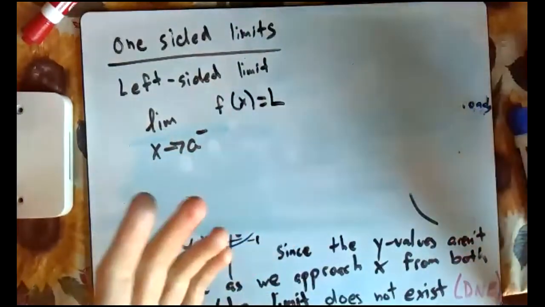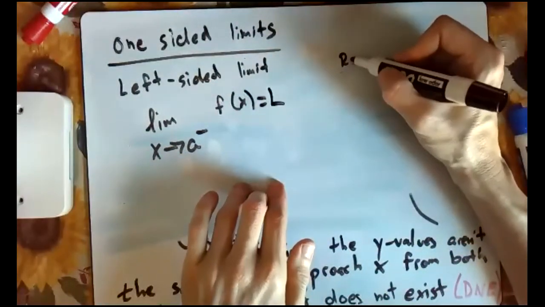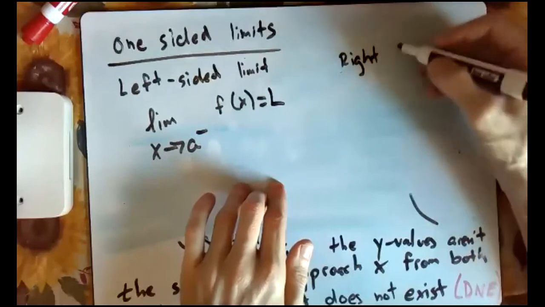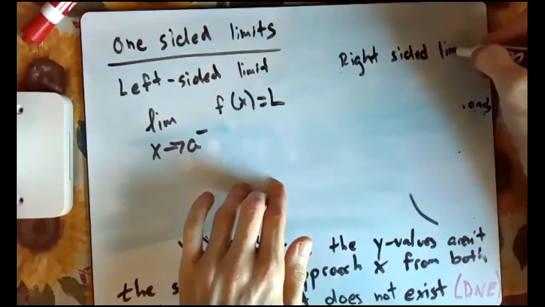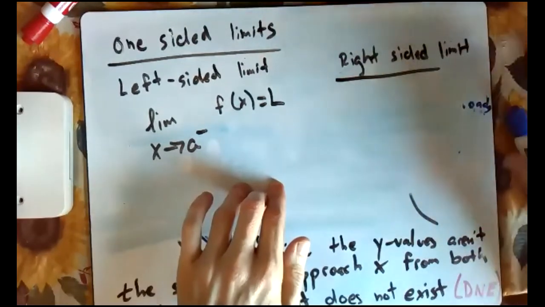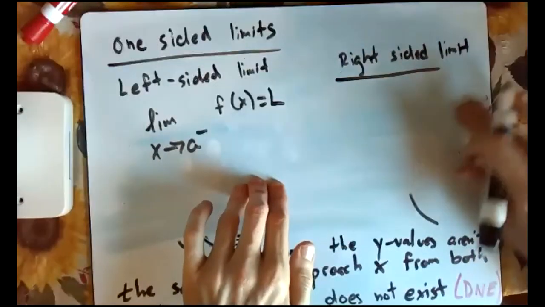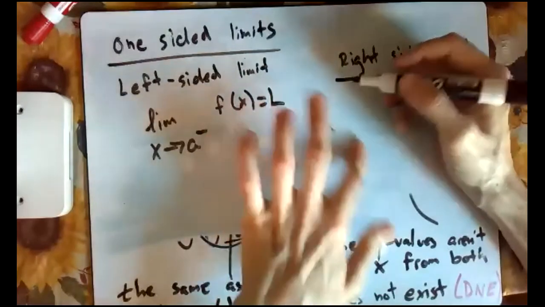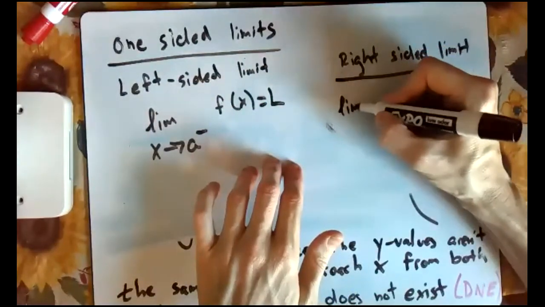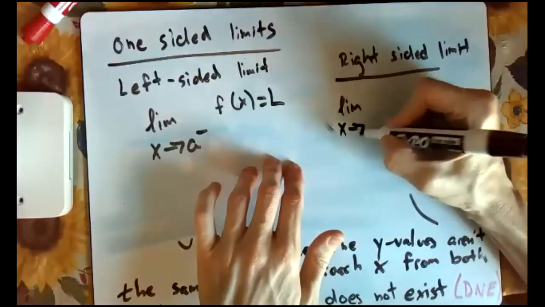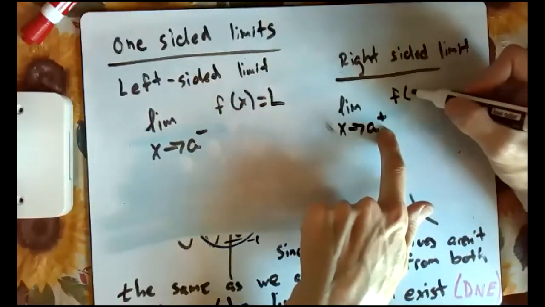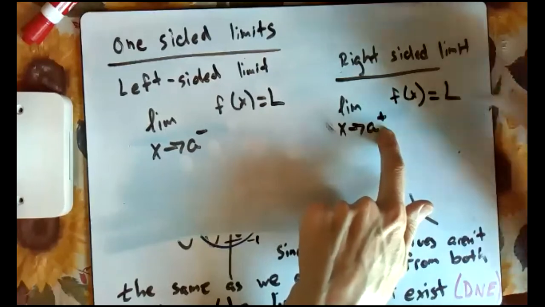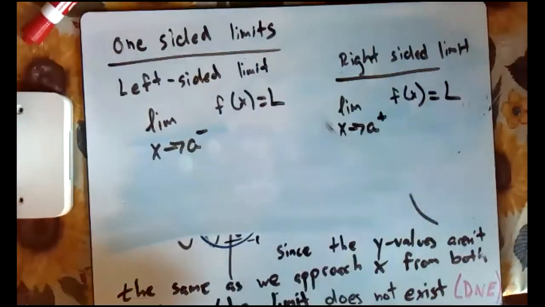And then we can also have a right-sided one. The notation for that is the limit as x approaches a, and remember that little plus sign, of f of x is equal to L, or some limit like that.